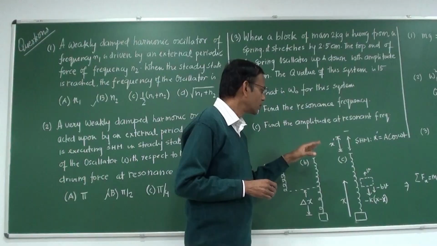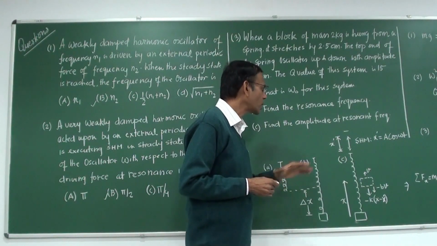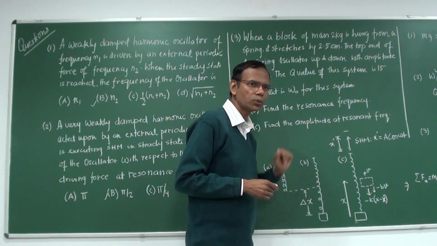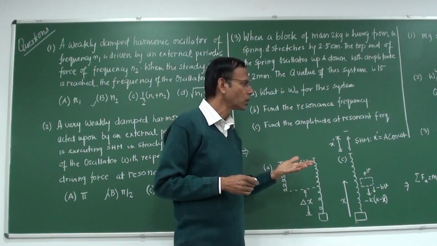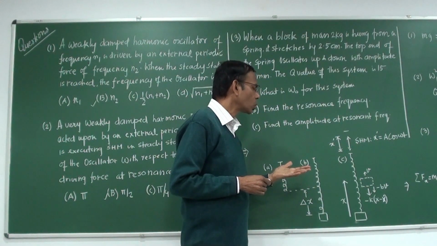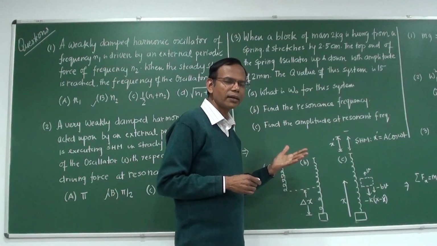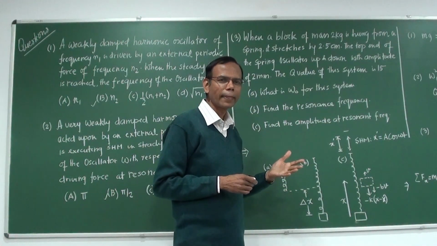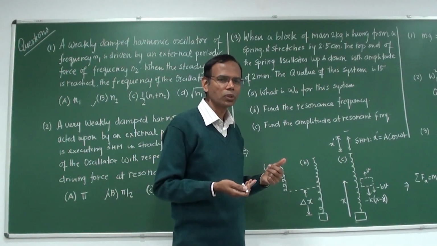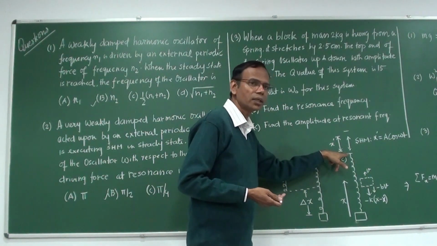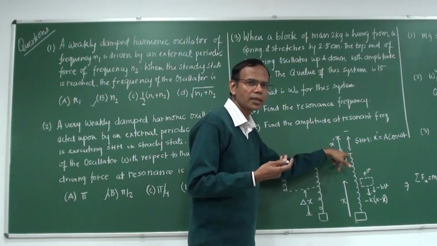Now, one way, quickly one can come to the conclusion that yes, it is a simple harmonic motion, so the acceleration you know, and mass times acceleration is a force. But here we are applying the force over here, so there is no mass at that point.